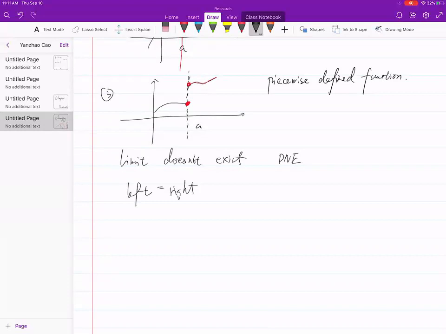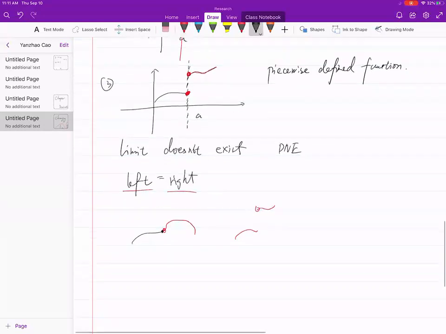For example, checking from the left, it's this one. Checking from the right, it's this one. Then you very well have a limit, and the limit is actually where the two points overlap each other, right? So check the left and check the right. If they're the same, you do have a limit. If they're different, there's no limit. Okay, that's the third case.